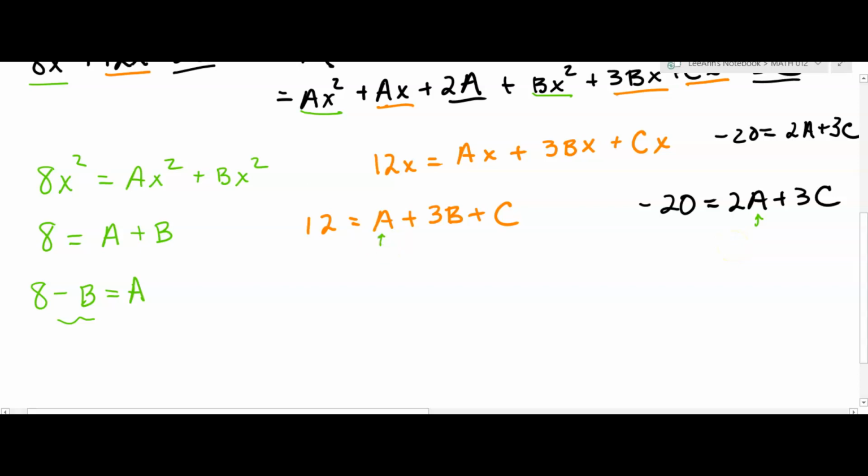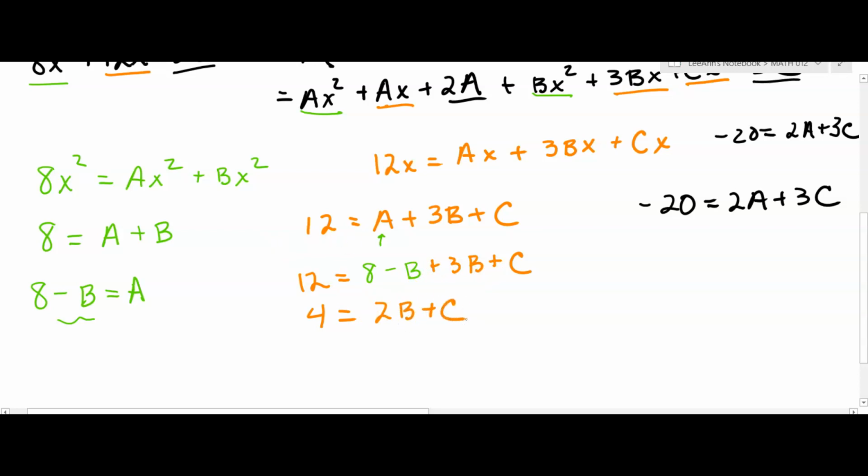I'm trying to look ahead to see what's going to happen here. If I do that, I get 12 equals 8 minus b plus 3b plus c. Now go ahead and subtract 8 from both sides. Combine your b terms.